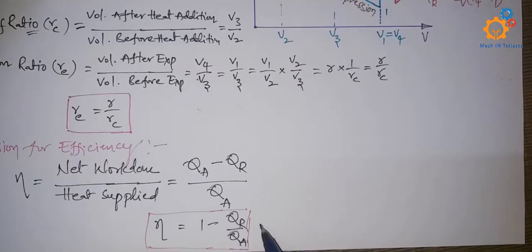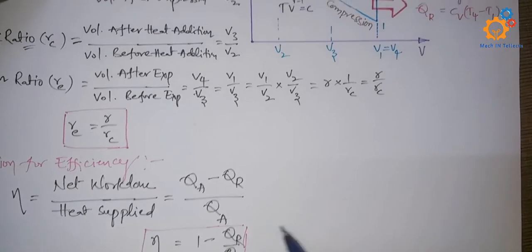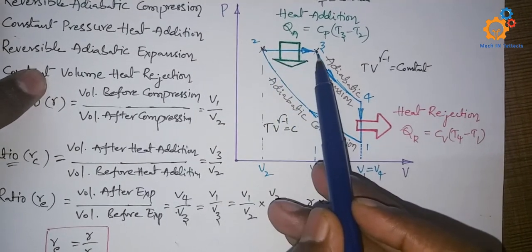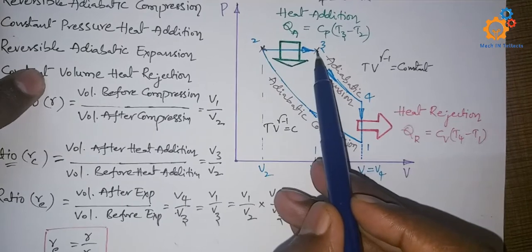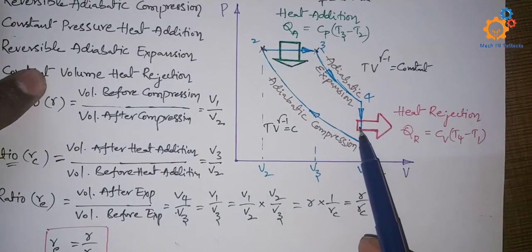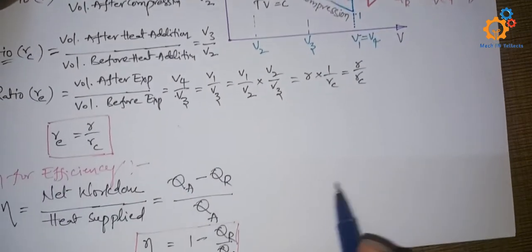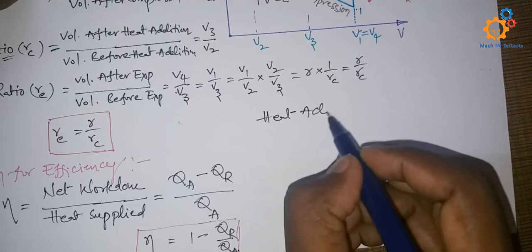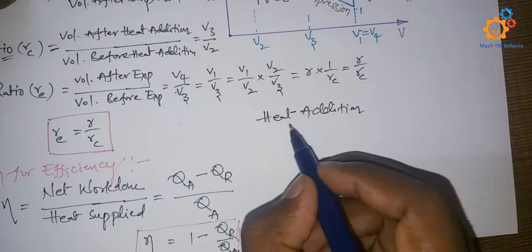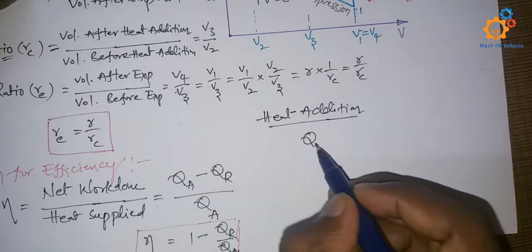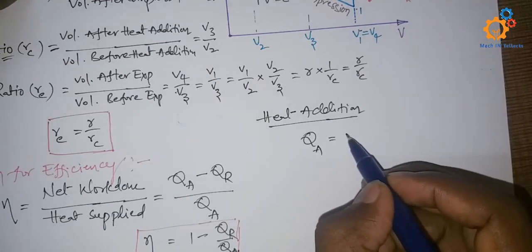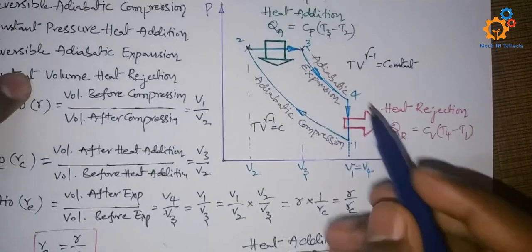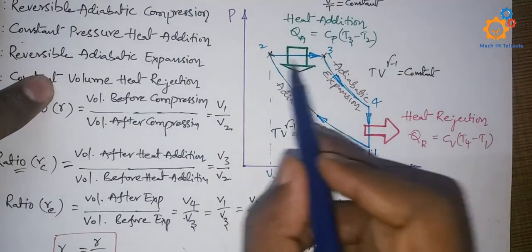In this cycle, heat addition and heat rejection are happening. You see in the PV diagram, heat addition is happening at constant pressure and heat is rejected at constant volume. Okay, let's write then. Heat addition is at constant pressure, so QA is equal to Cp into T3 minus T2, since heat is added in the 2 to 3 process.